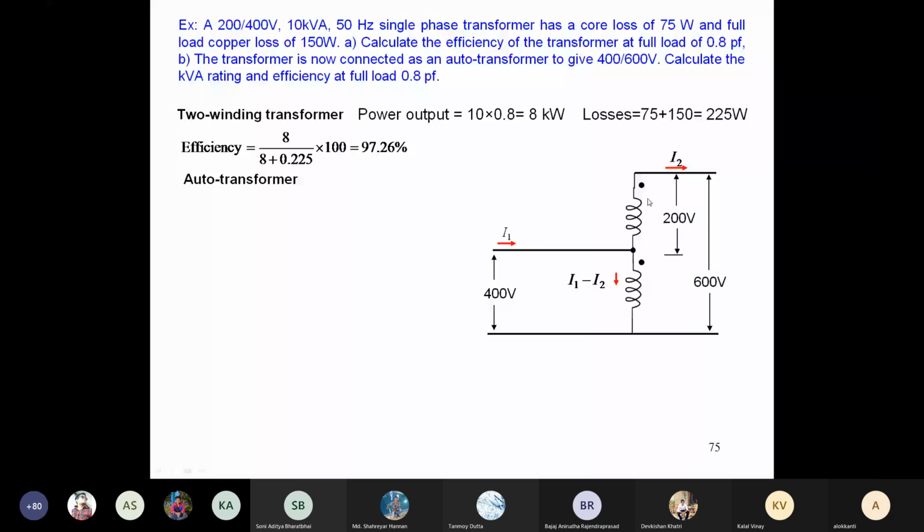It was rated for how much kVA? 10 kVA. So I2 equals 10 into 1000 volt amperes divided by 200, equal to 50 amperes, because it was part of the original two-winding transformer of 200 volts and 10 kVA.